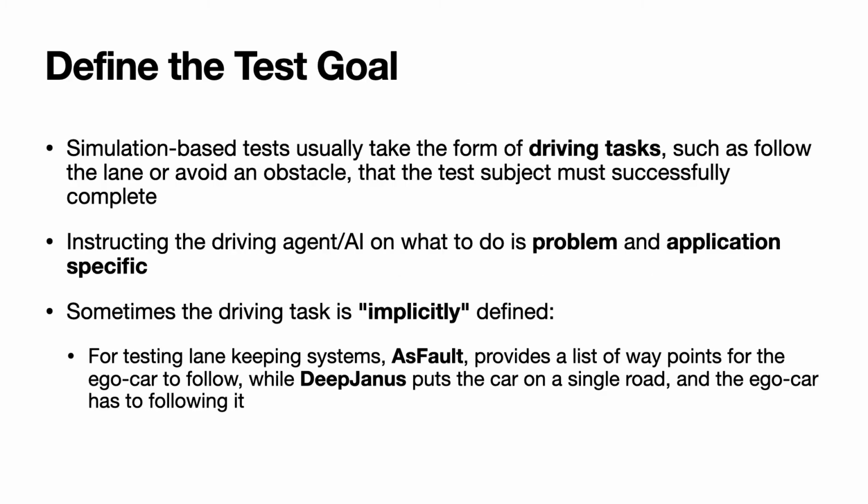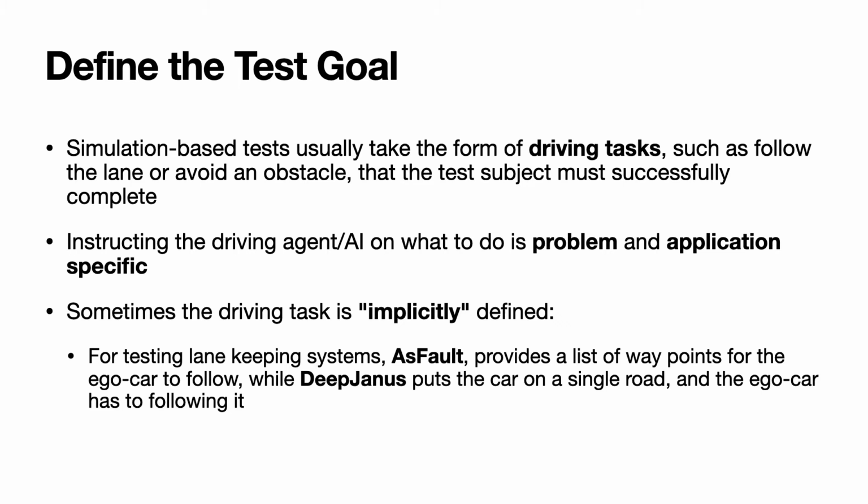To define the test goal, we need to consider the problem that we want to solve, either this be keeping the lane, avoiding obstacles, avoiding pedestrians, or recognizing traffic signs. This is problem and application specific.